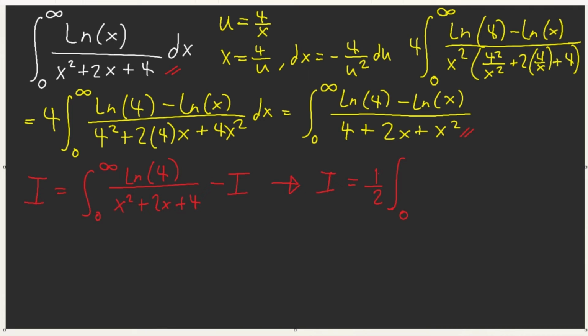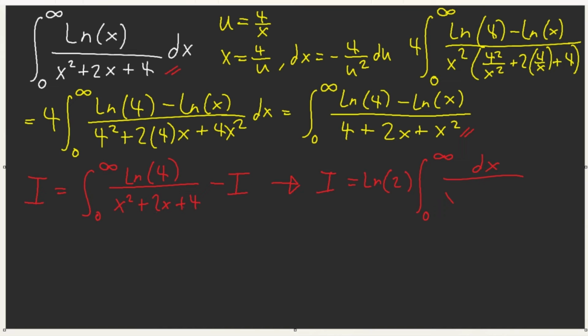I would rather have it here. This is technically ln of 2. ln 4 over 2 is ln of 2. I just want to get that out of the way.